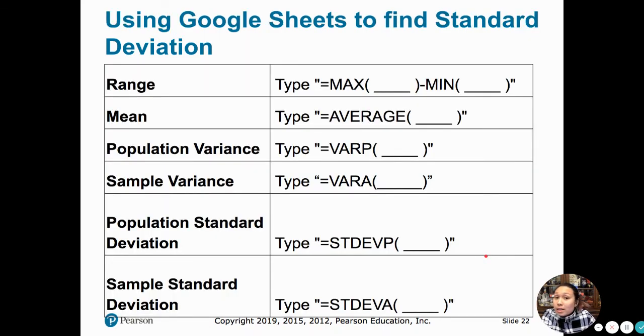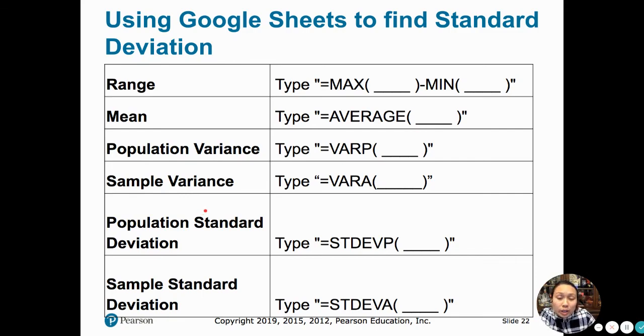All right, so this last page here is some functions that you can type into Google Sheets, and these will basically automatically find any of these for you. Because if you notice, when you tried doing the standard deviation by hand, you had to subtract out the average from every single data entry, and you only had to do that for 11.